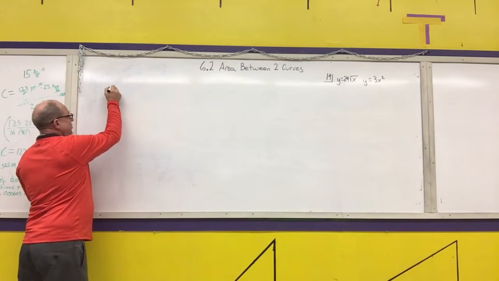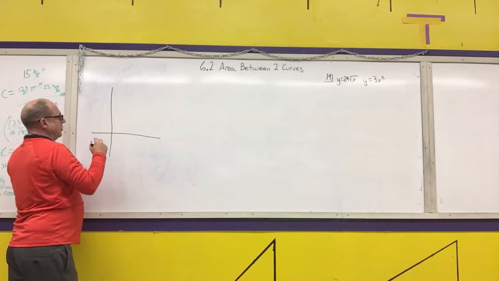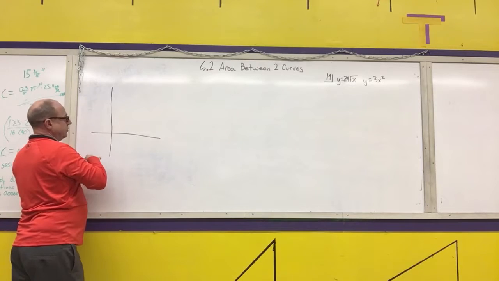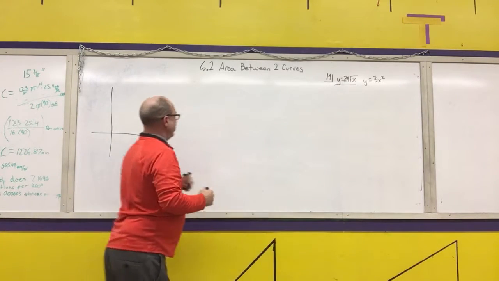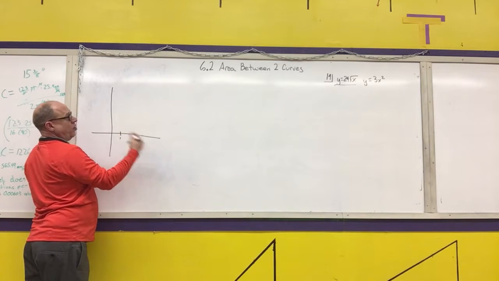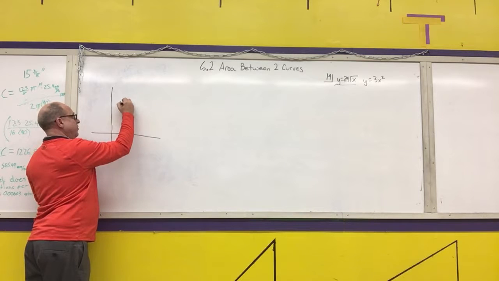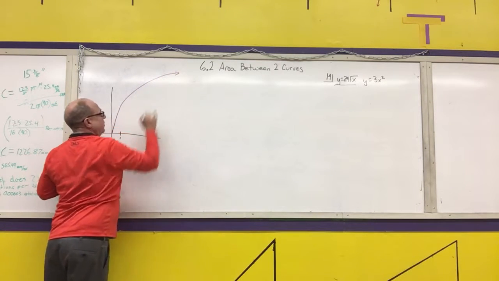Well, 24 times the square root of x is just the square root of x function that is scaled up. So 24 square root of x is going to shoot up faster. If I put a 1 into the function, the square root of 1 is 1 times 24, would be 24. So I'm going to end up with a square root function that shoots up really, really fast.